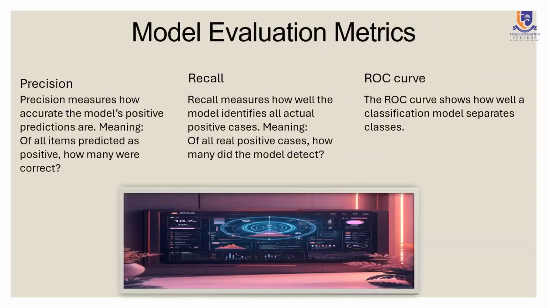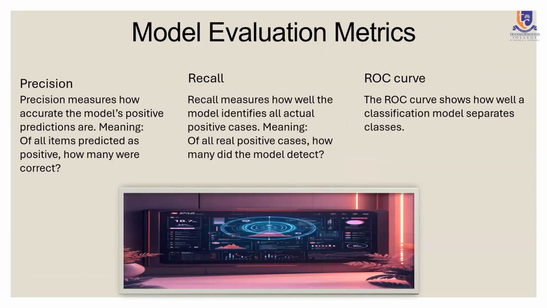So we'll briefly look at the model evaluation metrics, and my colleagues later on in the class will cover all of these in detail, right? We'll talk about precision: how precise was your model, of all the items that were predicted, how many were correct. And then you look at your recall.